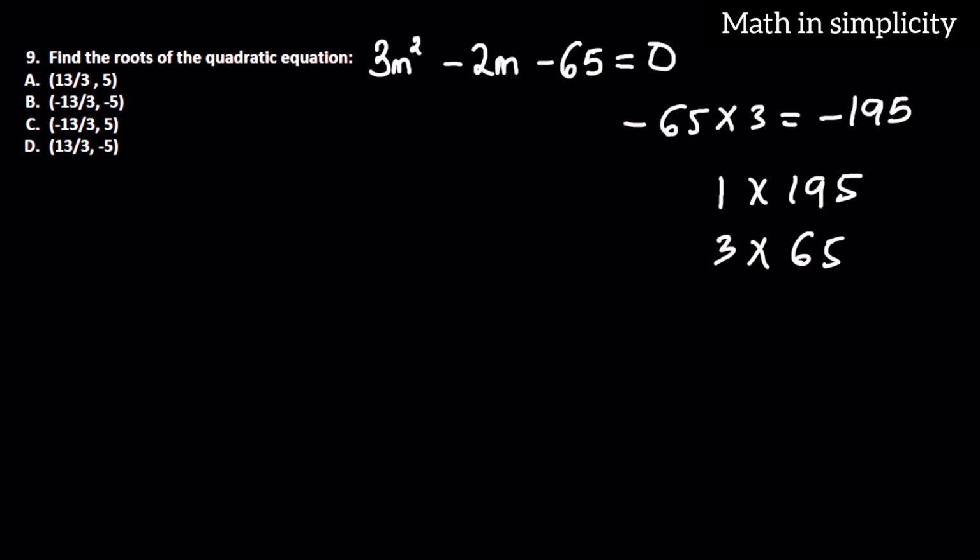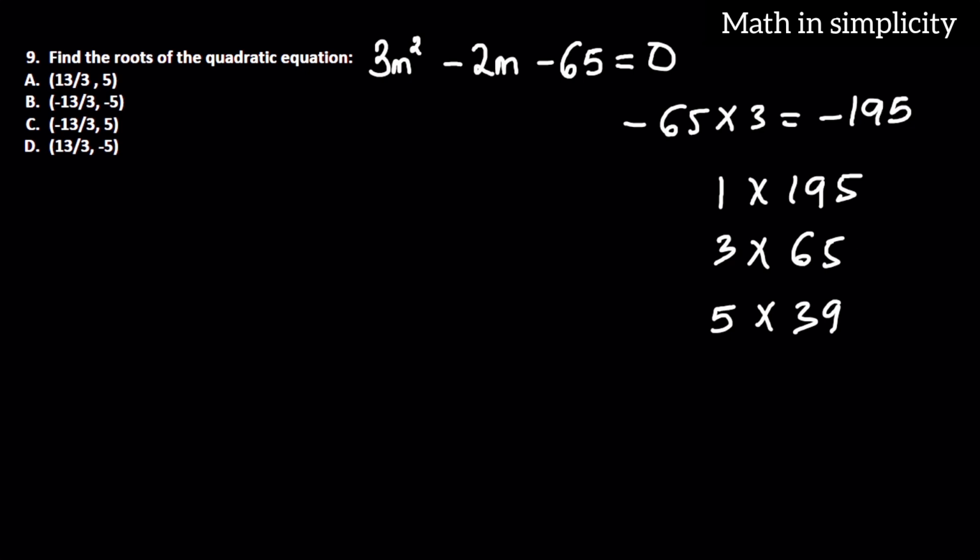However, we cannot add the 2 to get negative 2, so we keep going. 4 is not a factor, we jump over to 5. 195 divided by 5 is 39. So 5 times 39 is 195. However, 5 plus 39 can never be 2. We jump over to the next factor. 6 can't divide, 7 can't, 8 can't, 9 can't.